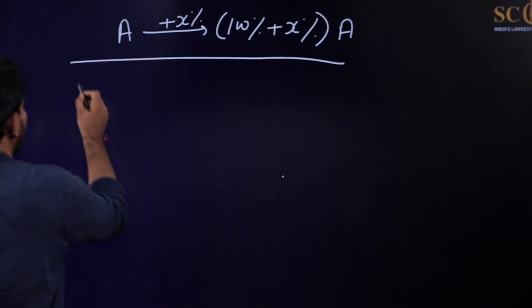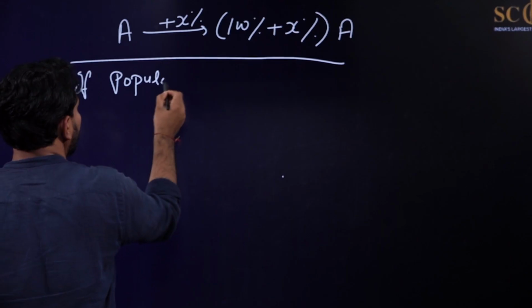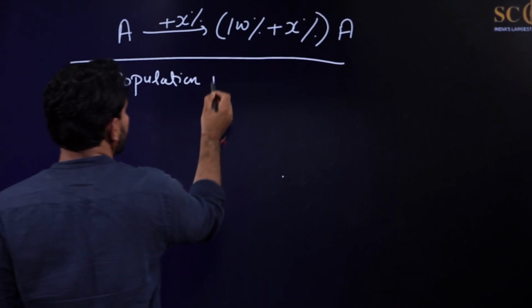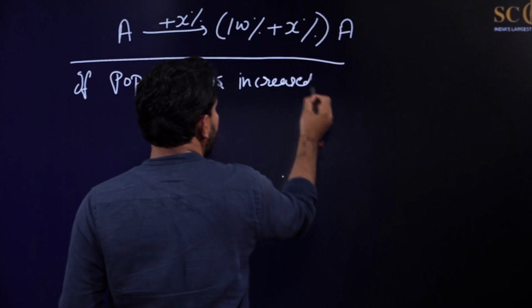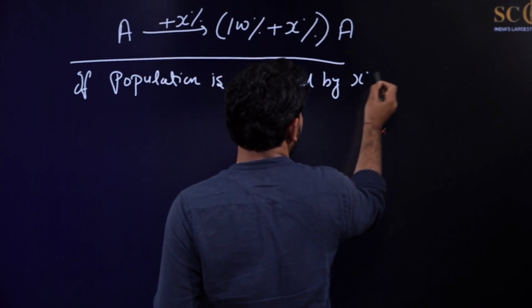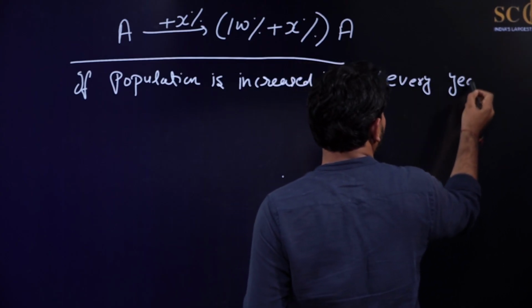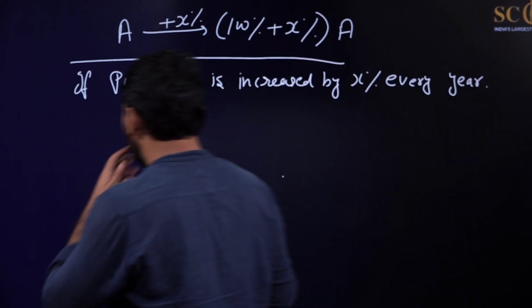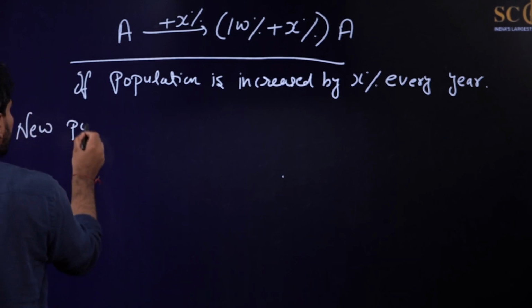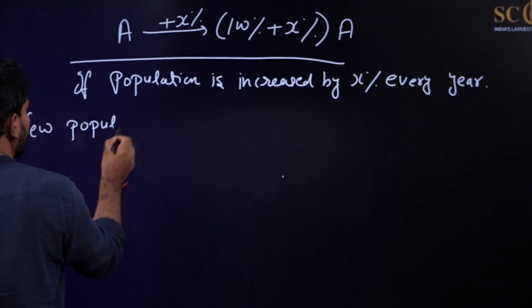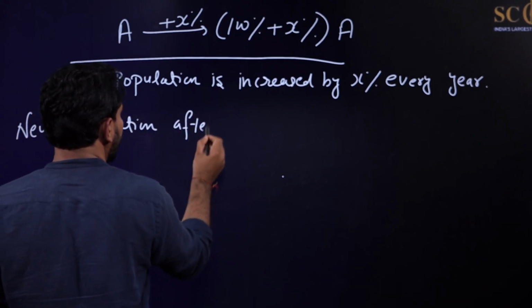So if the population is increased by X% every year, then what will be the formula for the new population after n years?